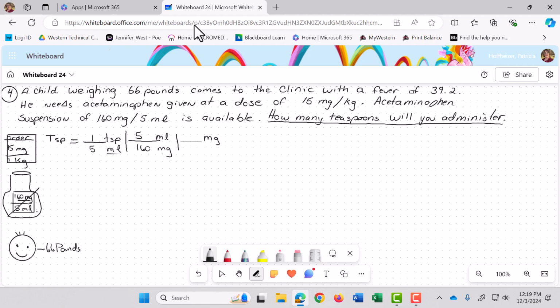So they've already used this one, so cross that out. So milligrams comes into play here with the order. It's 15 milligrams per 1 kilogram. So 15 milligrams, 1 kilogram. Again, multiplication, fraction bar. Kilograms is on the bottom, so kilograms must go on the top.